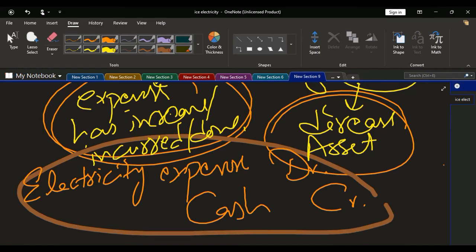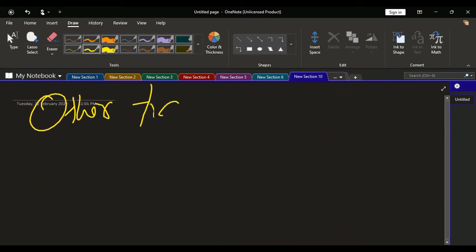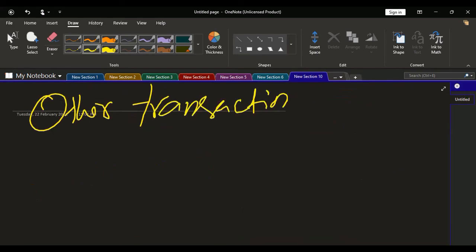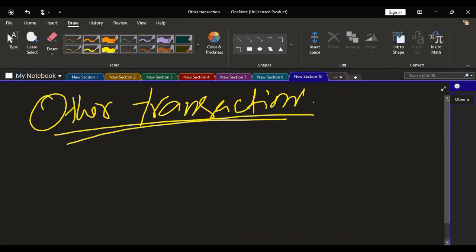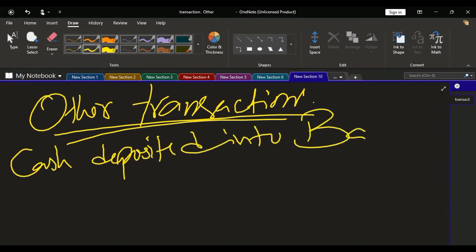So move to the last transactions, that is other transactions. Cash deposited into bank.